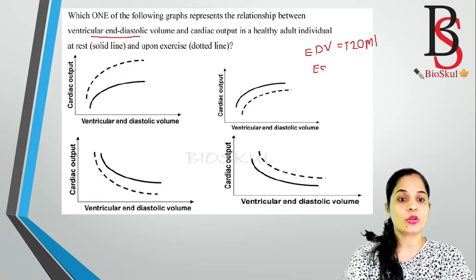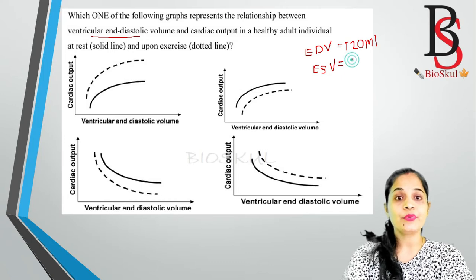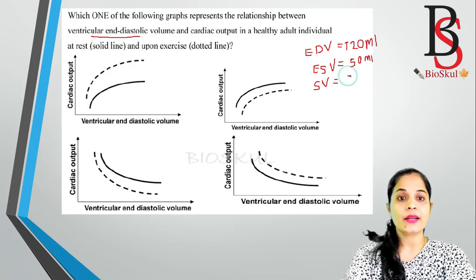Ventricular end systolic volume: what is it? It is the volume of blood present in the ventricle after ejection, which is only about 50 ml. So the stroke volume we can calculate by subtracting end systolic volume from end diastolic volume.